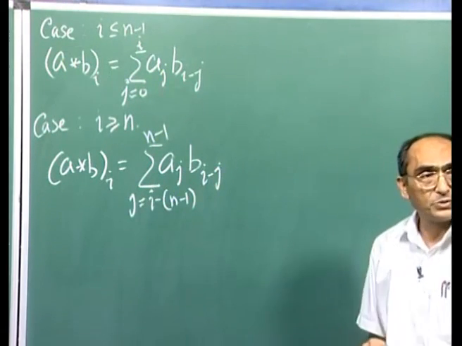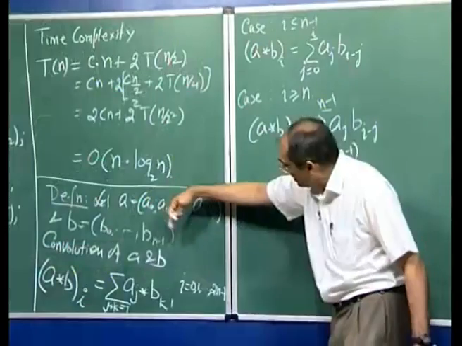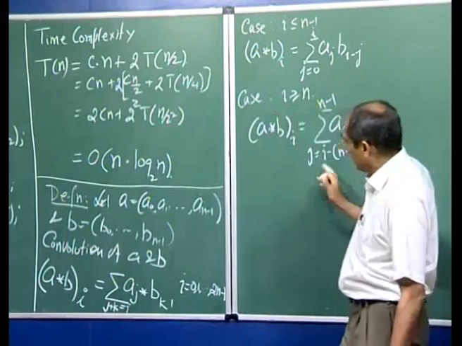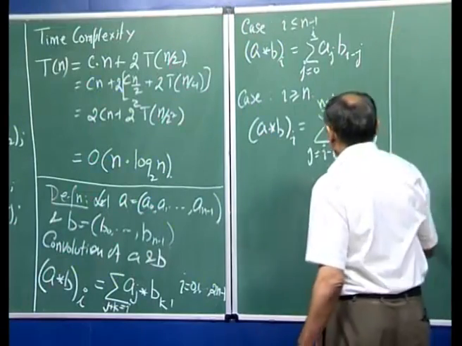This is how the two cases split. In the first case, the upper side does not contribute, and in the other case, the lower side does not contribute. So, this is what we have.